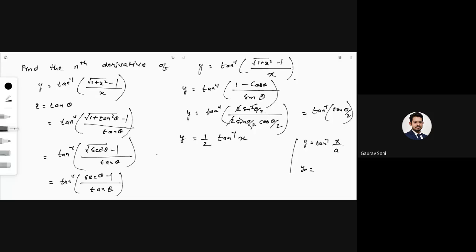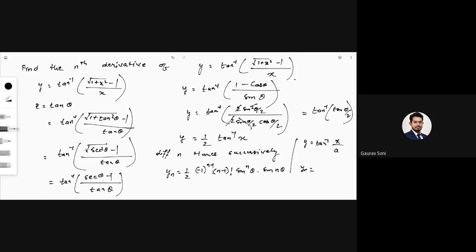Okay, so now differentiating n times successively, Yn will be equal to 1 by 2 as it is, minus 1 raised to n minus 1, n minus 1 factorial, sine raised to n theta, sine of n theta divided by a raised to n.